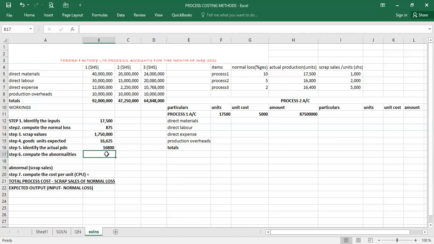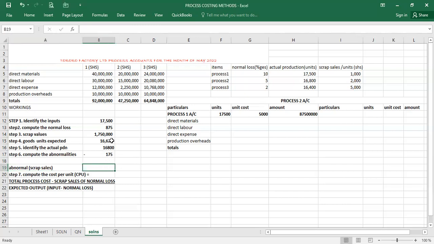Then we get our abnormalities, and this time it is going to be the good units expected, which is this, minus this. It is giving us a negative, which shows that this time around, instead of having an abnormal loss, we are going to be having an abnormal gain. Why is it called a gain?